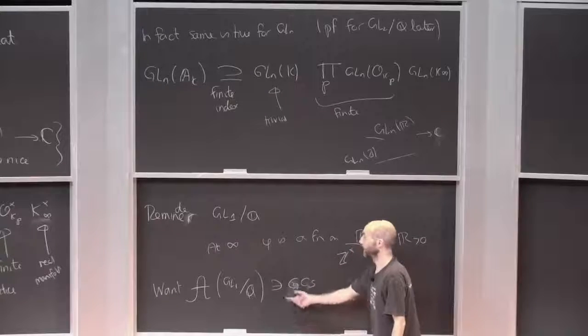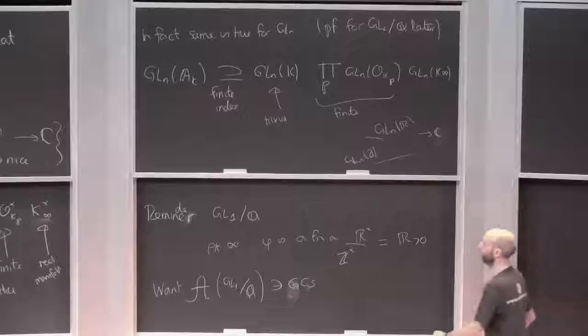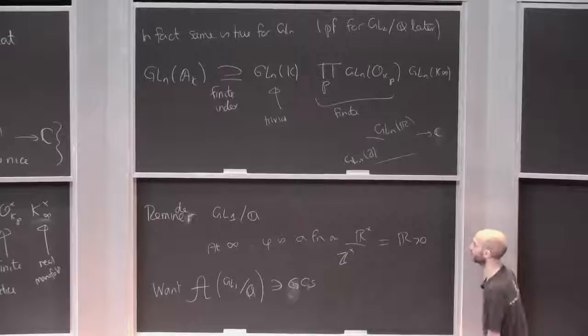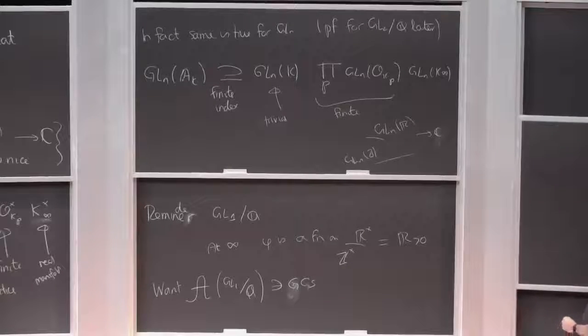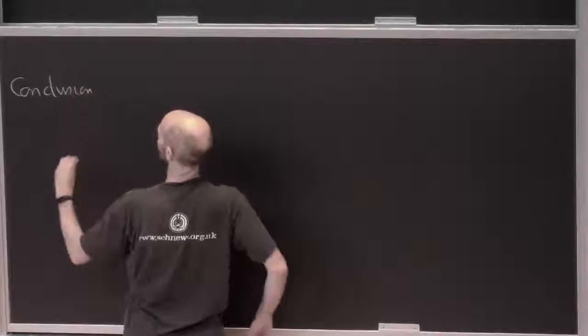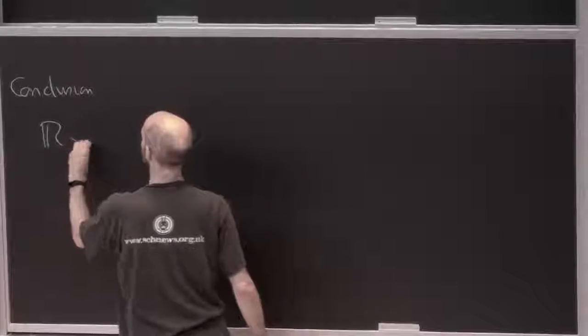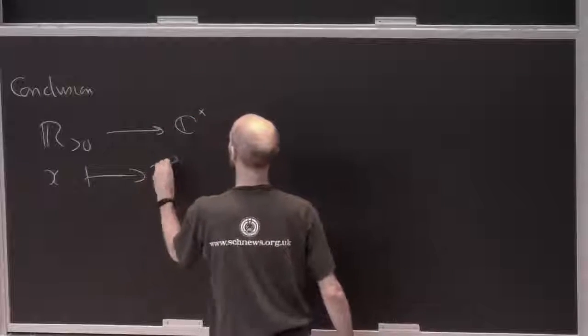And for GL1, they kind of gave us the answer, right? For GL1, we saw global Langlands in action. So the conclusion from this is that this map on the positive reals to C star, x goes to x to the s, must be nice.